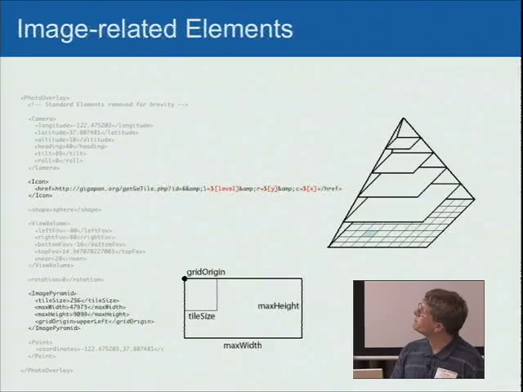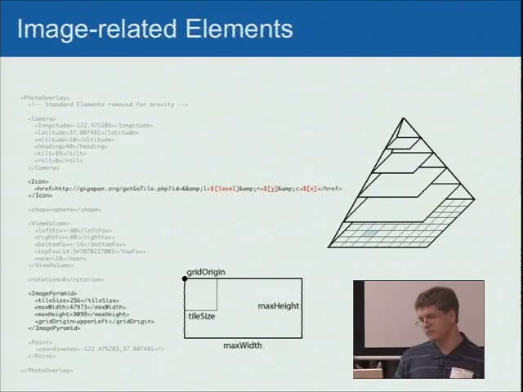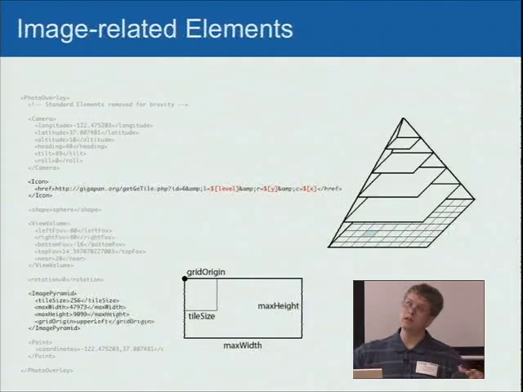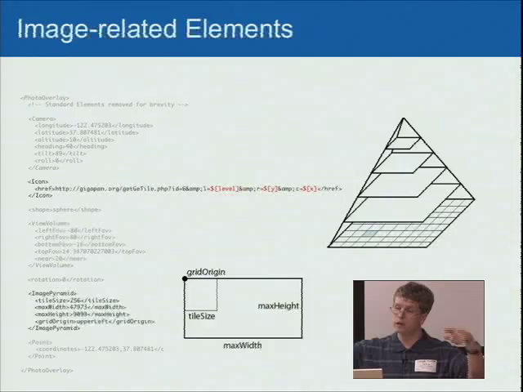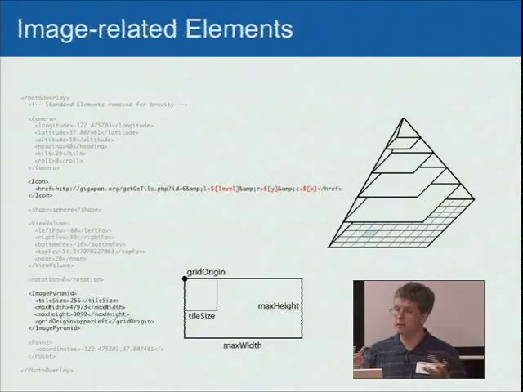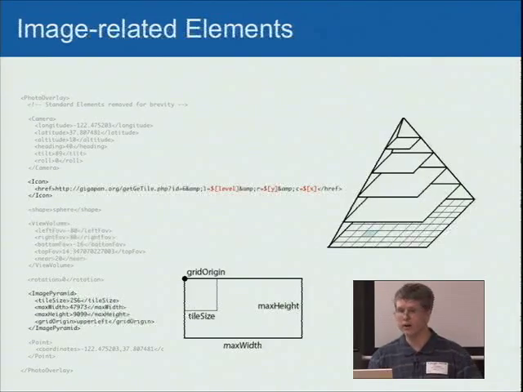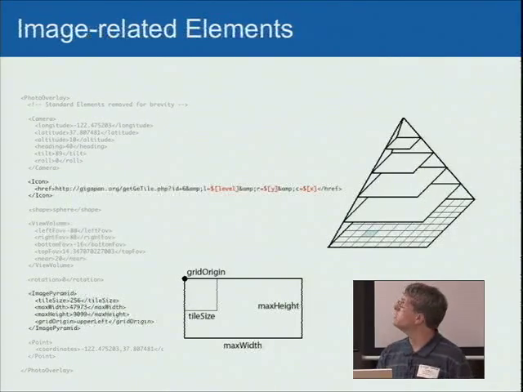So the image pyramid, as Randy was alluding to, is basically this. You have a base layer of images, which is your full resolution, and then as you go up levels, they're subsampled to less and less resolution. So as you get up to the top, you have one very small image, but if you get to the bottom layer, you have a lot of high resolution images.